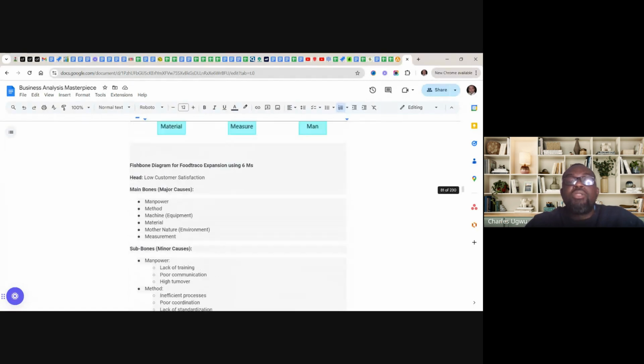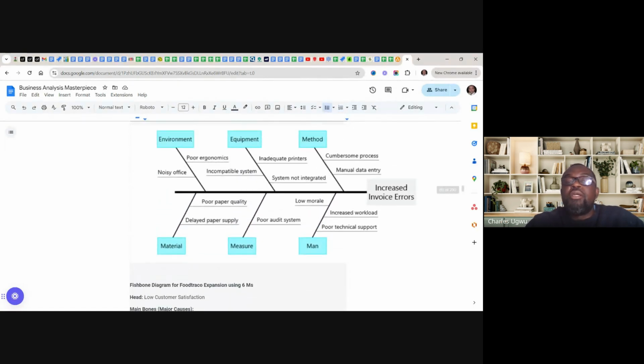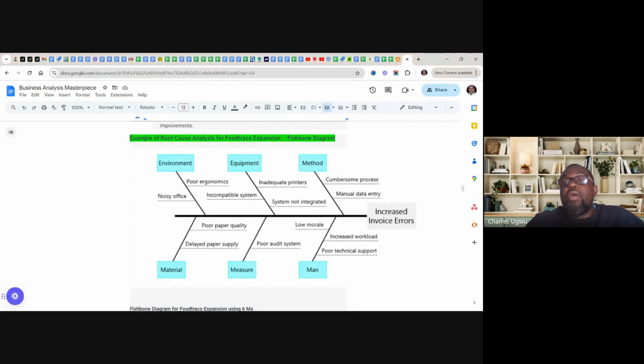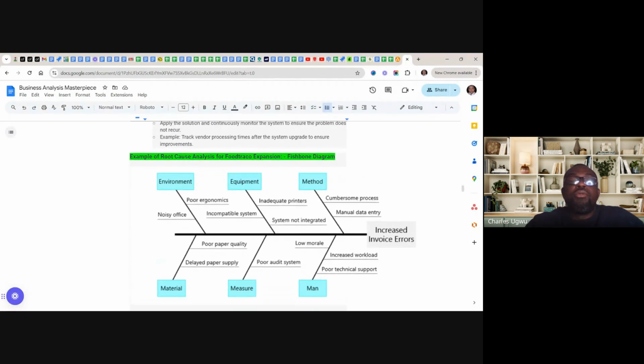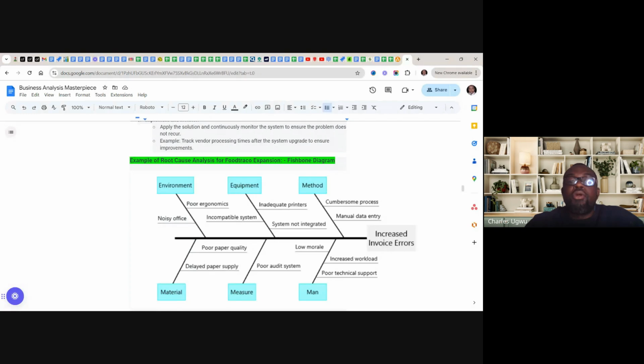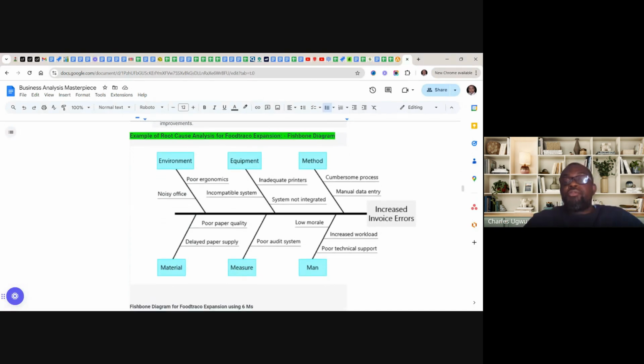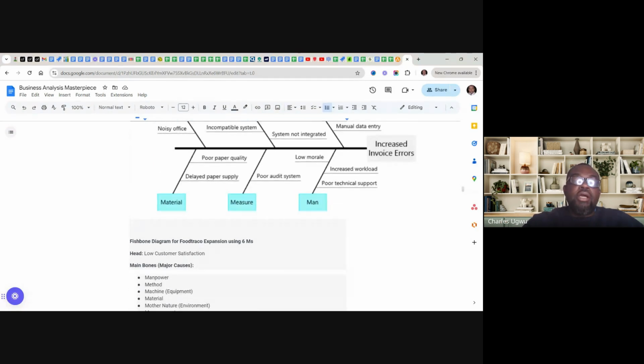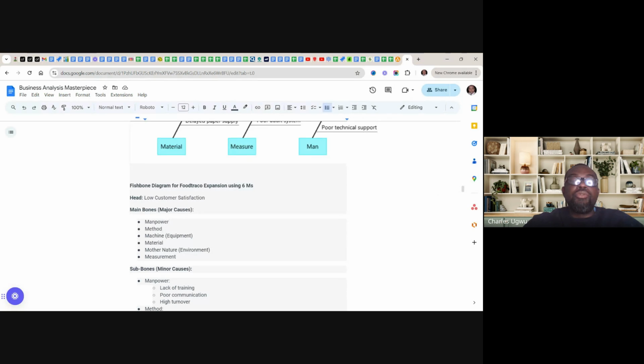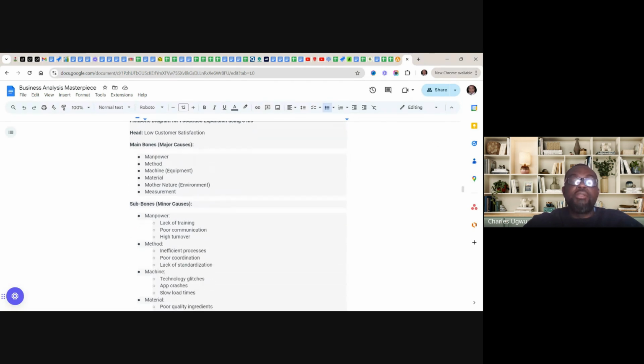And what I'm going to do is to see how we can use something like draw.io to draw this kind of diagram, this fishbone diagram, which I'll be requesting you to do as well.